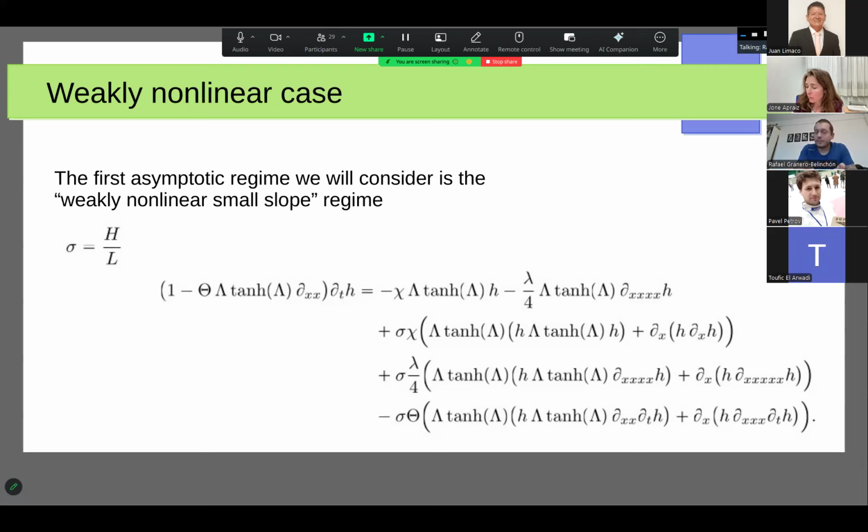And then the price to pay is that every time we solve the elliptic operator, we get this lambda. Lambda is a differential operator, the square root of the minus Laplacian.